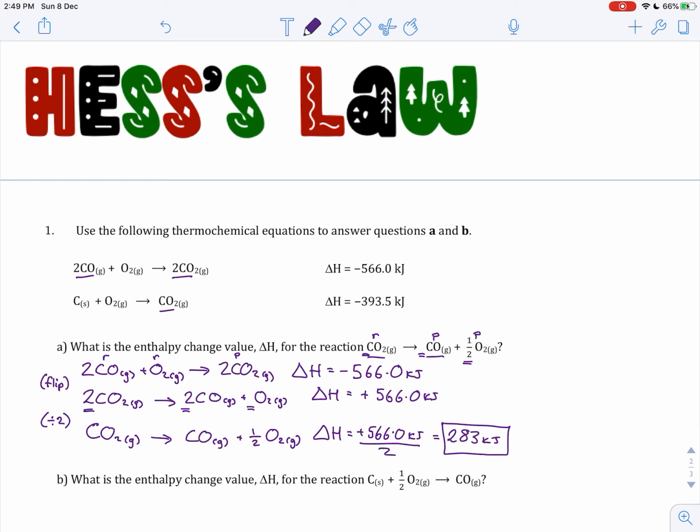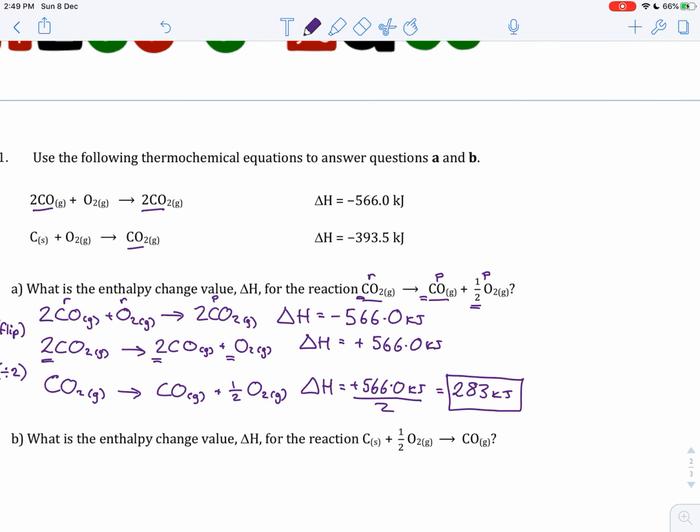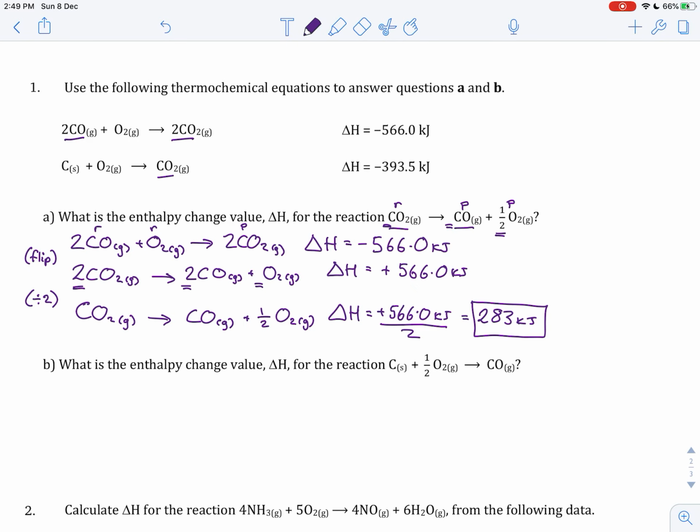On now to part B. What's the enthalpy change value for the reaction carbon plus half an oxygen yields carbon monoxide? This time we're going to have to combine the two equations because we've got carbon, which is in reaction 2, oxygen is in both, but now we've got carbon monoxide, which is only in reaction 1.